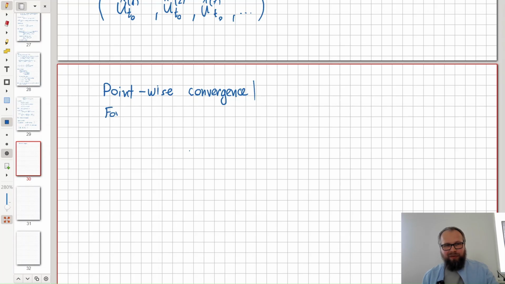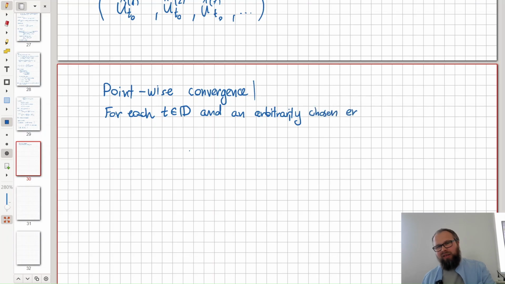So for each t belonging to some domain D, maybe some interval, maybe an infinite interval, and an arbitrarily chosen error, which is of course epsilon. This is our accuracy goal.